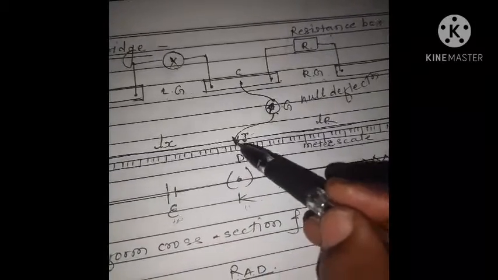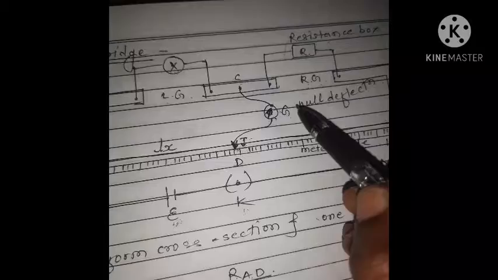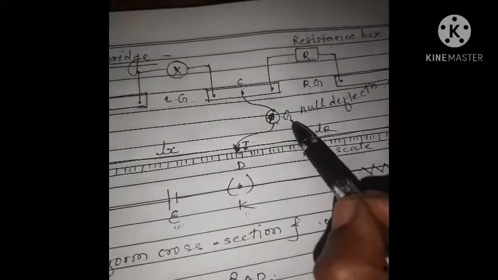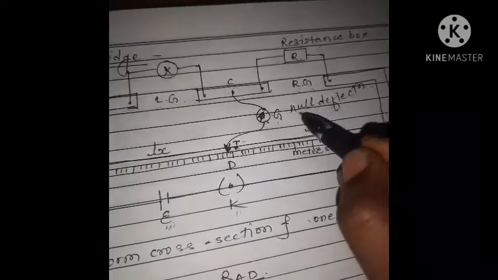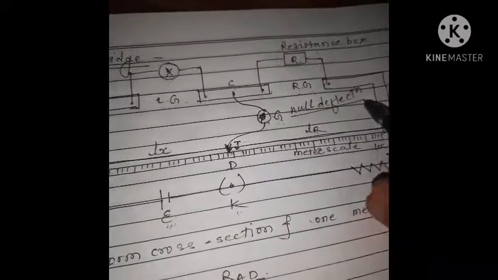Balancing length means where this galvanometer shows zero deflection. It is also called null deflection.